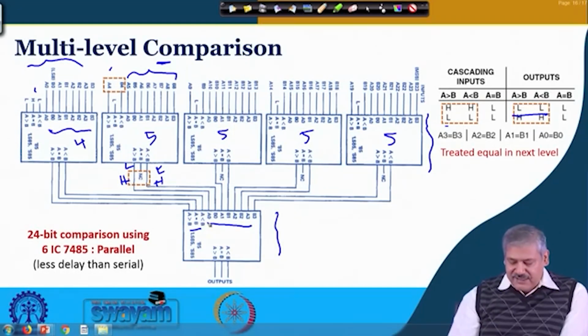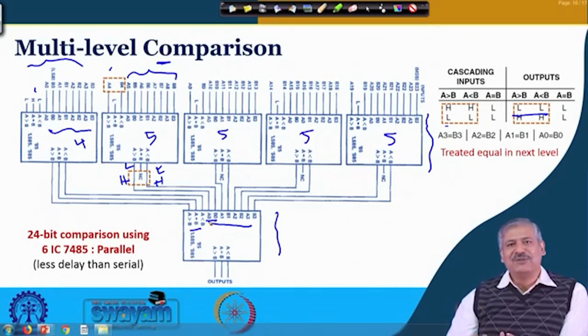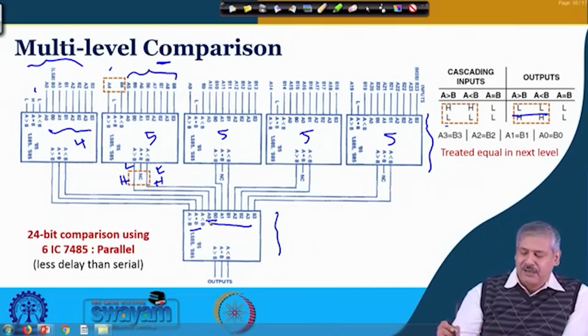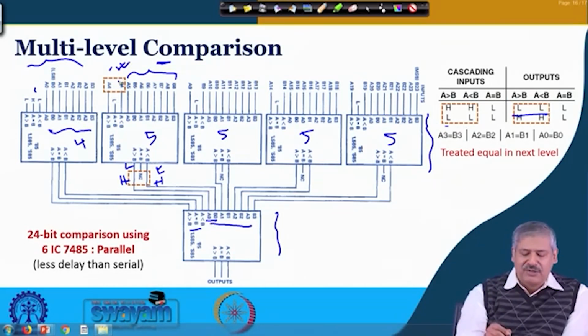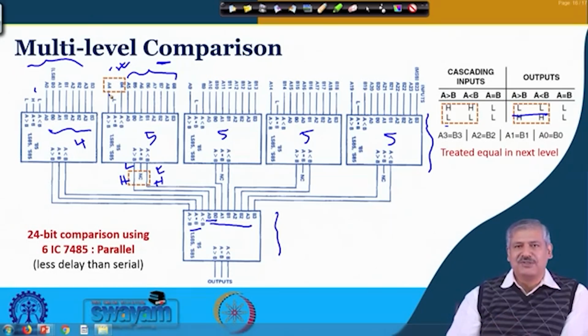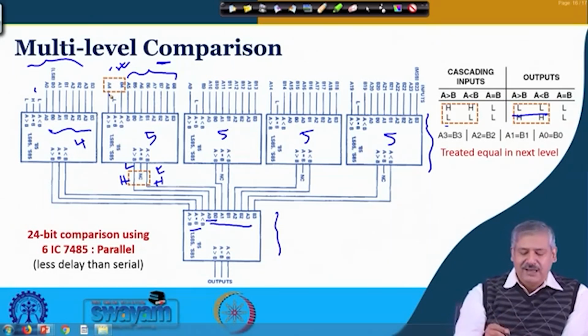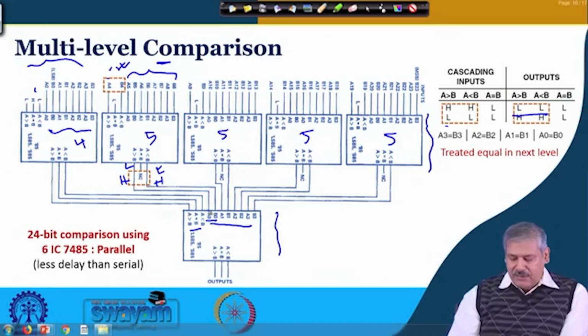So when they are fed as A0 B0 here, both of them are high or both of them low, so they do not contribute to the comparison. I mean contribute in the sense that the input is equal. So if everything else remains the same and the output depends only on the A4 and B4 comparison, then if both of them are low or both of them high, they will generate the same high and low output here, and over here the same high and low, and the output will be A is equal to B in the final place.